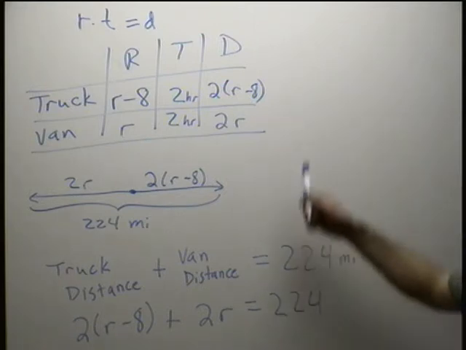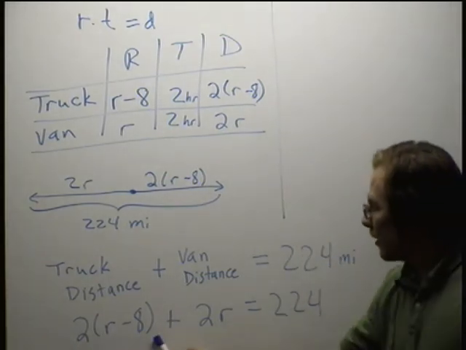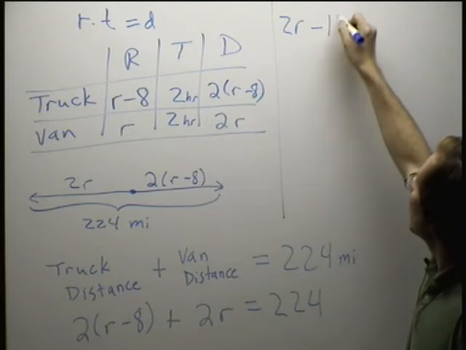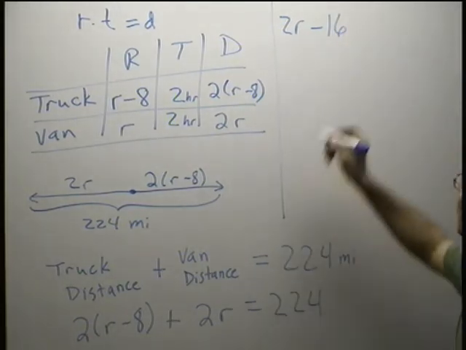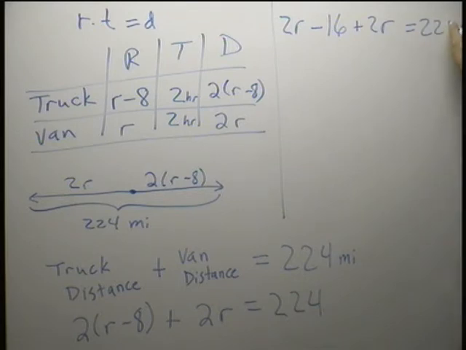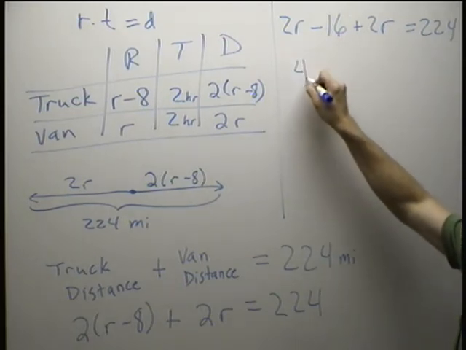Distributing, 2 times r is 2r, 2 times negative 8 is negative 16, plus 2r equals 224. Combining like terms, 2r plus 2r is 4r.